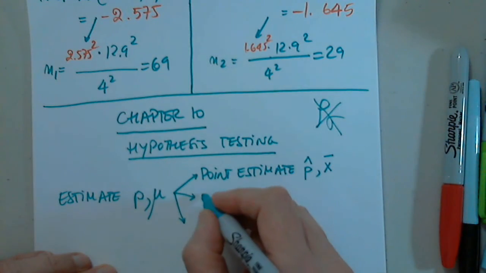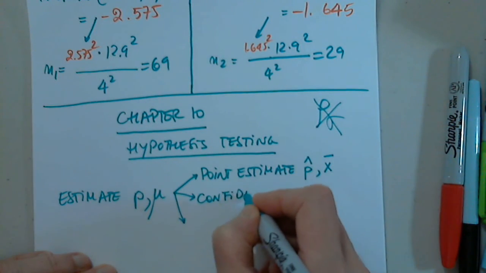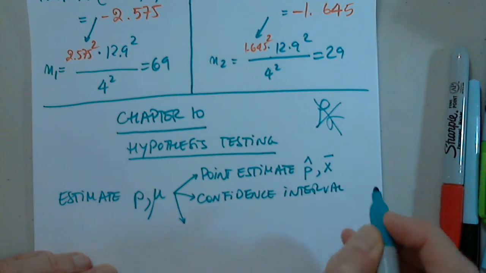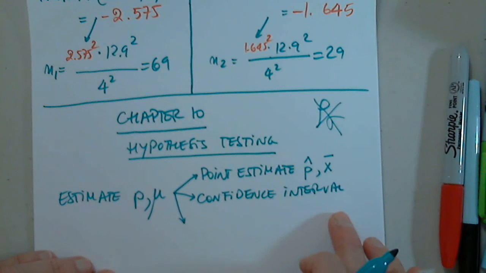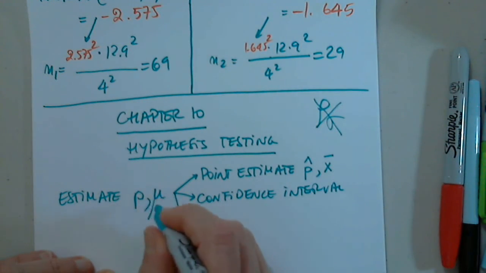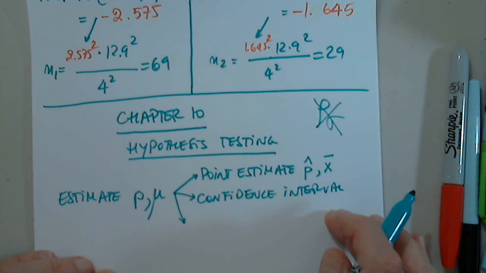Second one, confidence interval. We looked at confidence intervals to estimate the population proportion and population mean. What did we say?